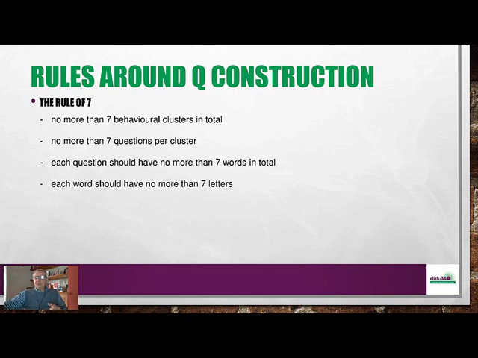And the final tip in the rule of 7 is that each word should have no more than 7 letters. That makes it easy to understand and again aids completion time. So those are the 4 tips that we offer under the rule of 7.